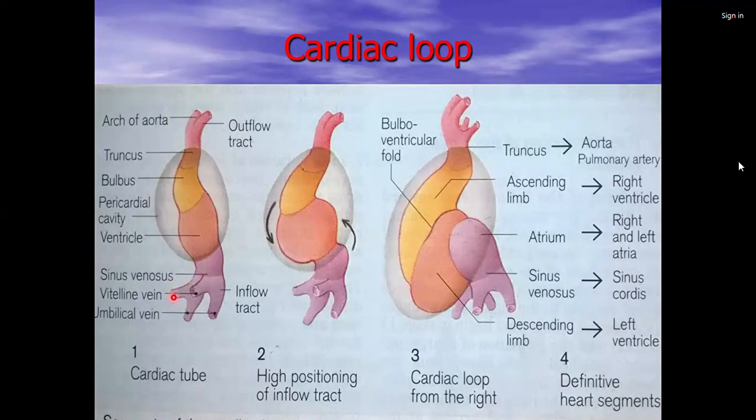Vitelline vein is from the yolk sac, and later on it is from the digestive tract, digestive system. And then it receives blood also from the cardinal vein, which drains the rest of the body. So that is the blood that comes to the inflow tract at the sinus venosus.